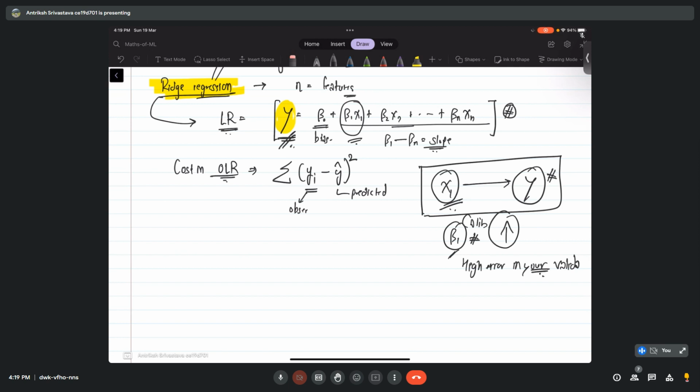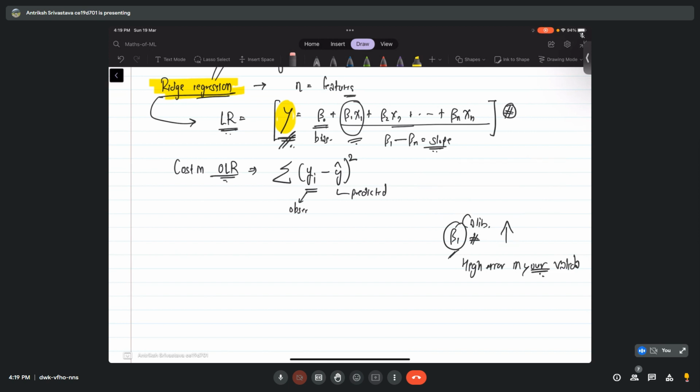It will decrease the accuracy in the training set. 100% it is going to decrease the accuracy in the training set, but we don't care much about the training set. The model's accuracy or model's acceptance is governed by the accuracy in the validation set. And we'll see that it tends to reduce the error in the validation set.